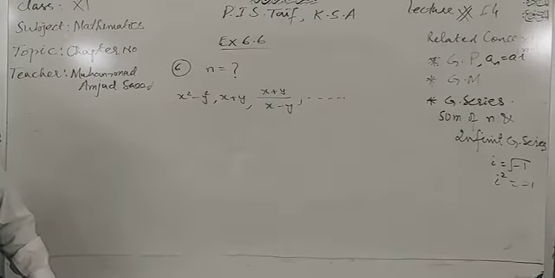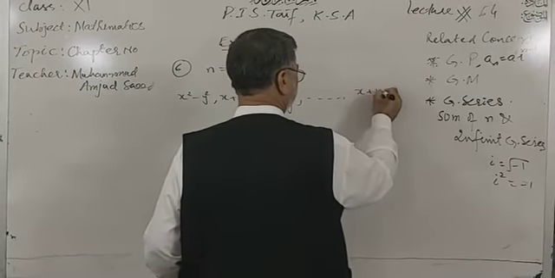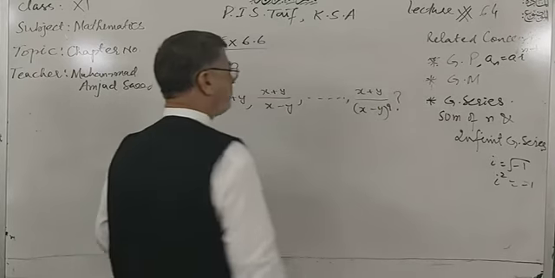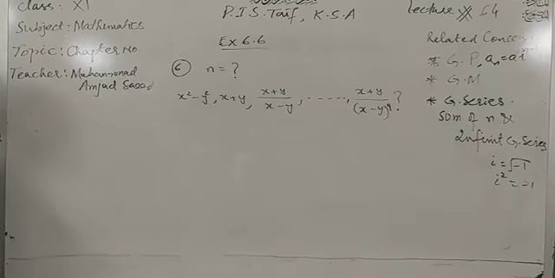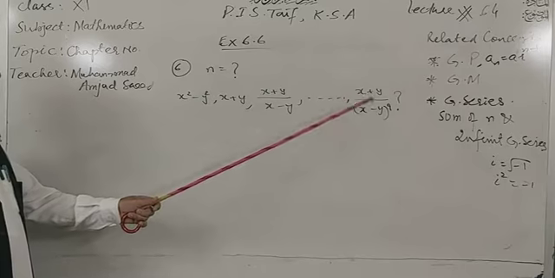We have x plus y over x minus y power 9. Which term of the sequence? Dear students, you can check. We have to find the number of terms whose answer is this one.